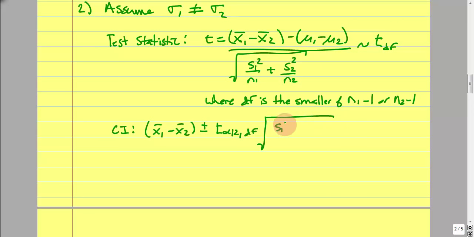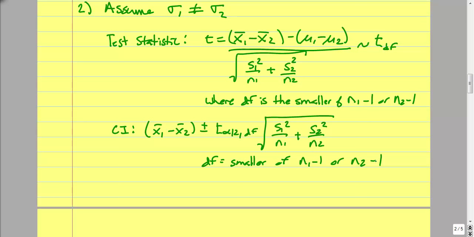And then I have s1 squared over n1, s2 squared over n2. Now here my degrees of freedom are equal to the smaller, as above, of n1 minus 1 or n2 minus 1. So everything's the same here really.